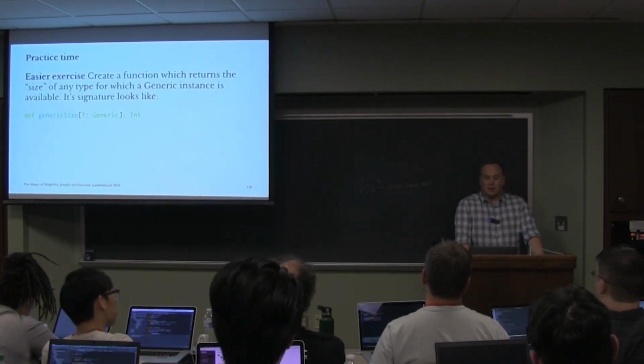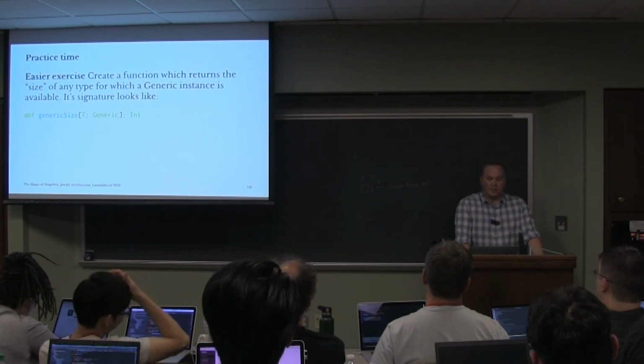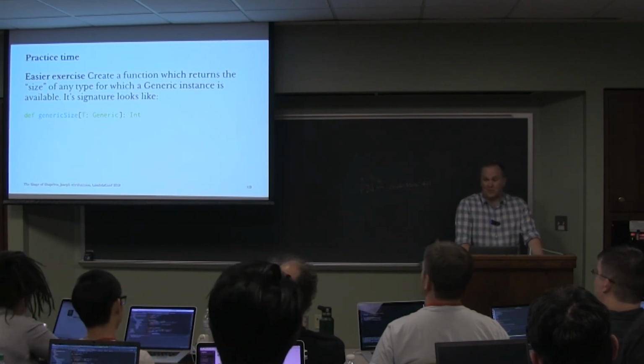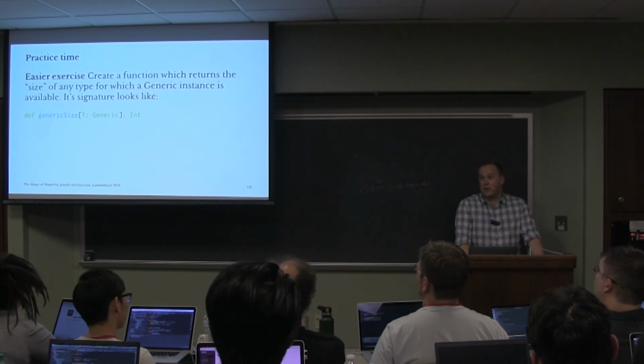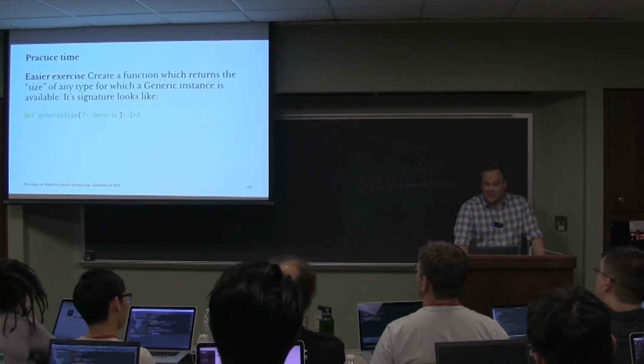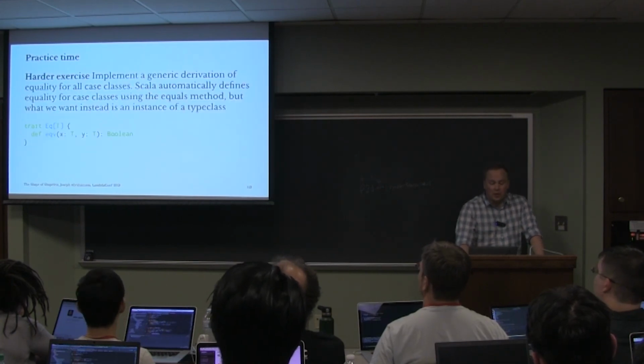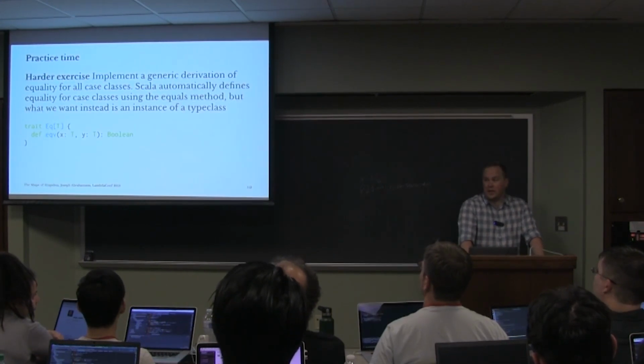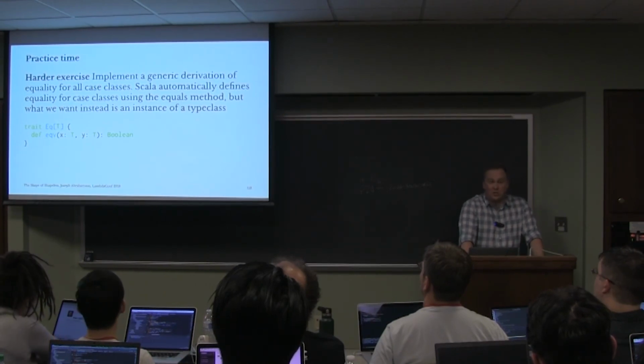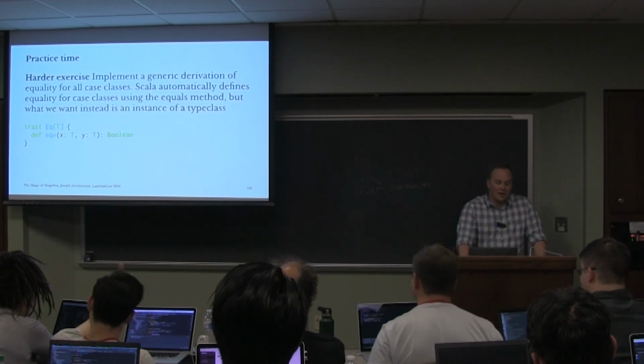So with that, I think I'm done talking. I'm so sorry for talking so much. I really want to get into practicing a little bit. We've got 10 minutes left, so I think I've got 2 more exercises I'll talk through. These are generic definitions of the size of any case class, like how many components does it have, or defining equality for any case class. It's just like order. You just search and replace ord for eq and it works, but don't do that.